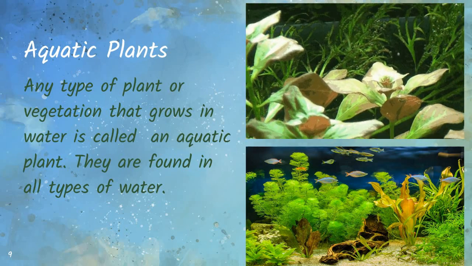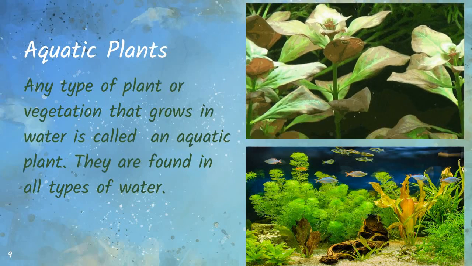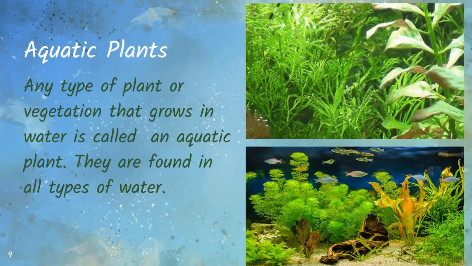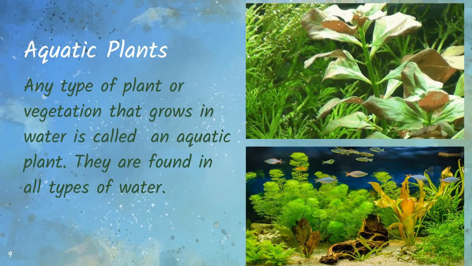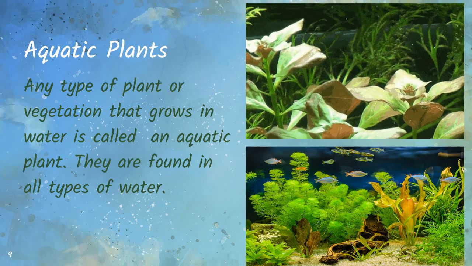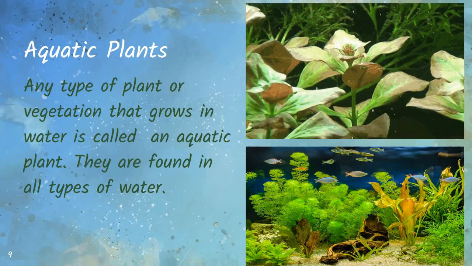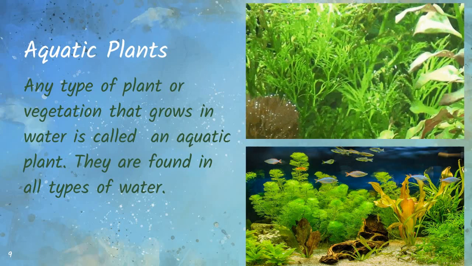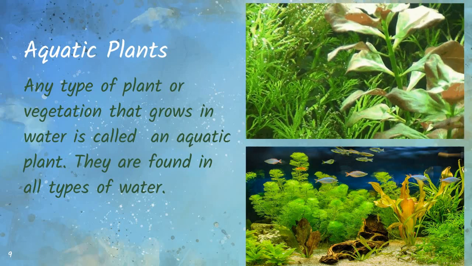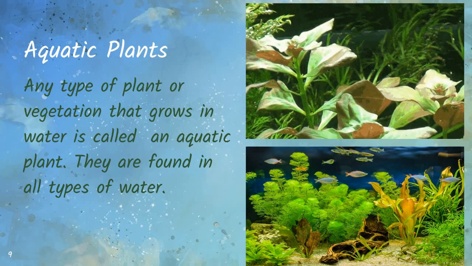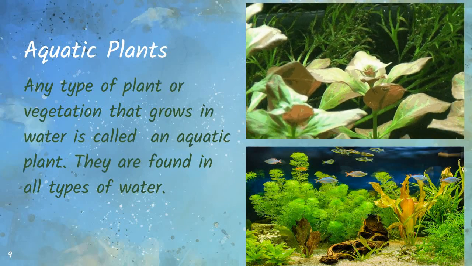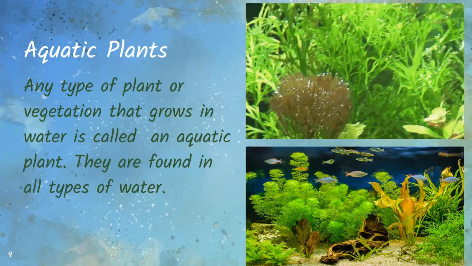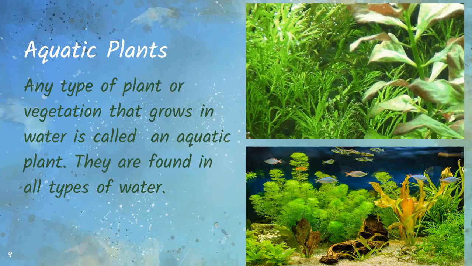They are quite important for aquatic life under the water, as they provide oxygen to all the organisms and animal species living underwater. They also supply food to some of these organisms. For example, the turtle eats the algae present in freshwater ponds.